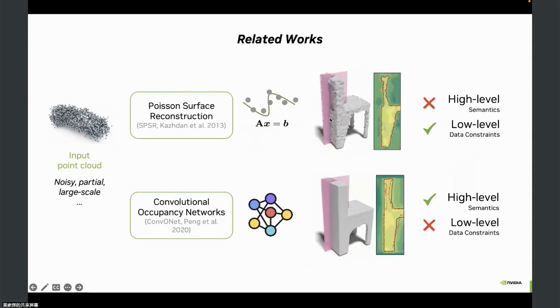To summarize in 3D space, given a noisy input point cloud of a chair, Poisson surface reconstruction gives only a noisy or overfitted result, and the neural network based approach more or less gives underfitted results.